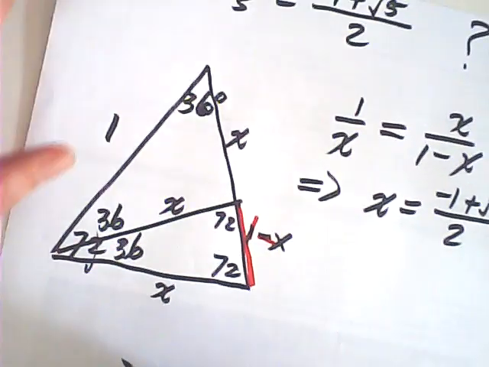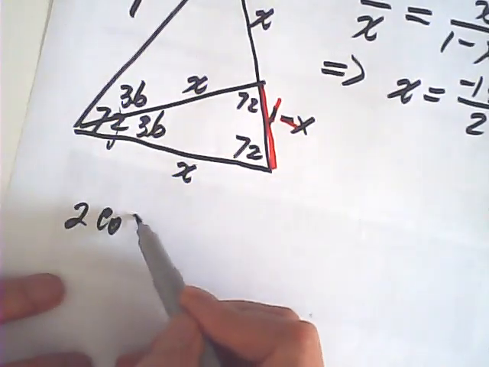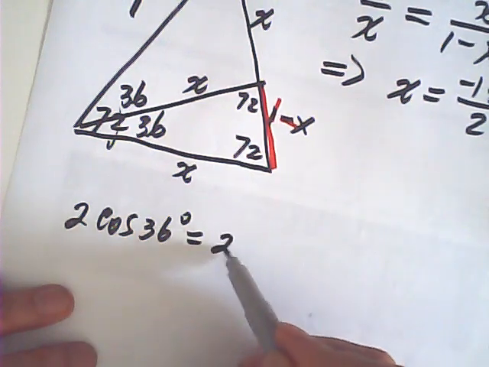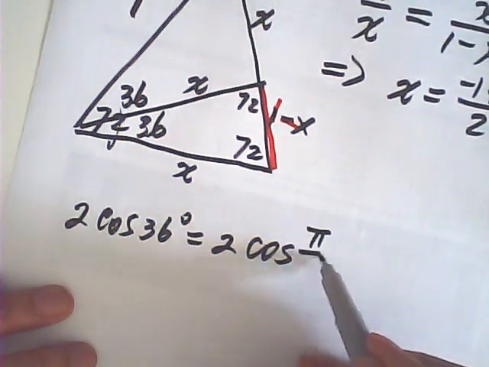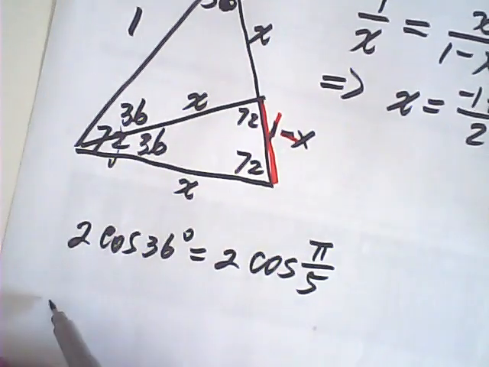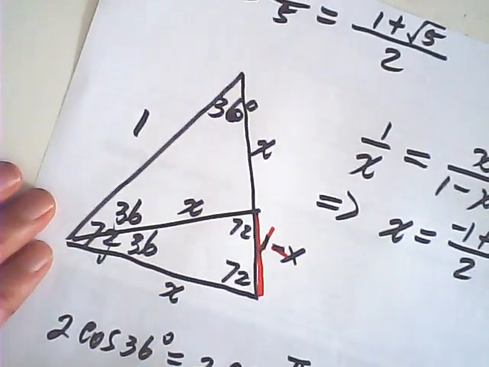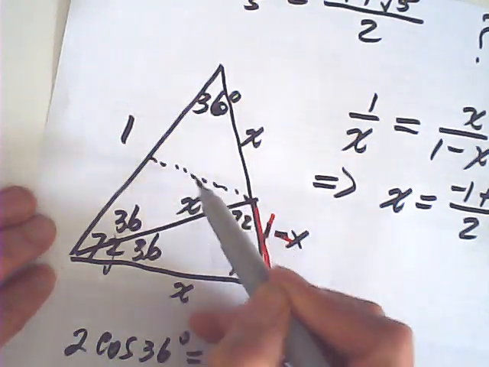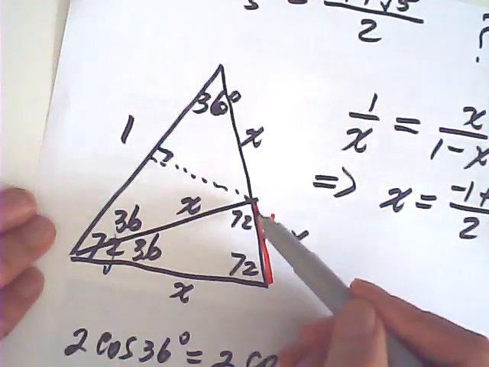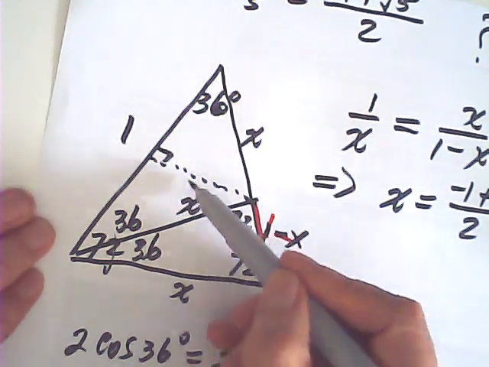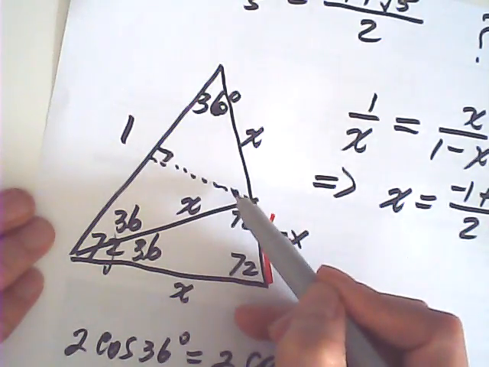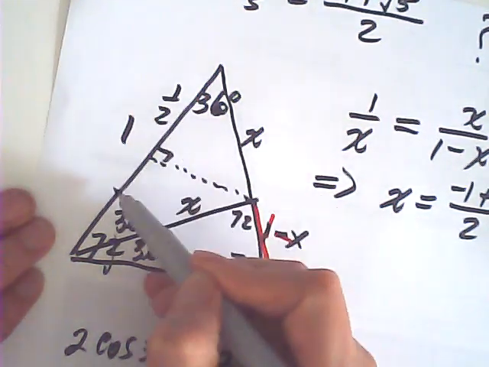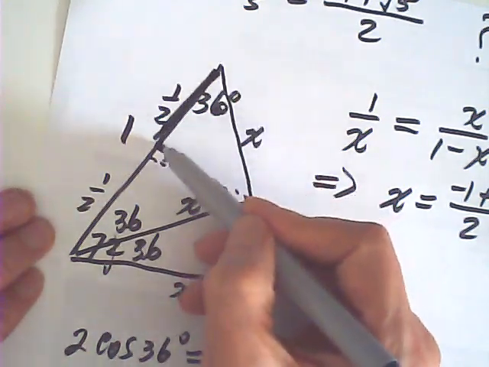We are looking for 2 cosine 36 degrees, which is equal to 2 cosine pi over 5. We are looking for. Now, that one, well, if we draw a line here, because this is isosceles triangle, therefore, this perpendicular, this altitude, will divide this one into half and a half, right? This will be half.